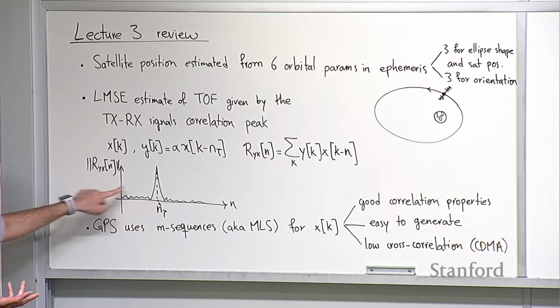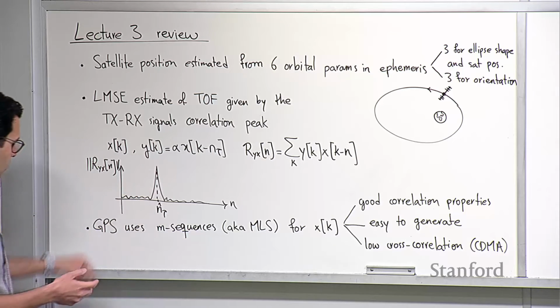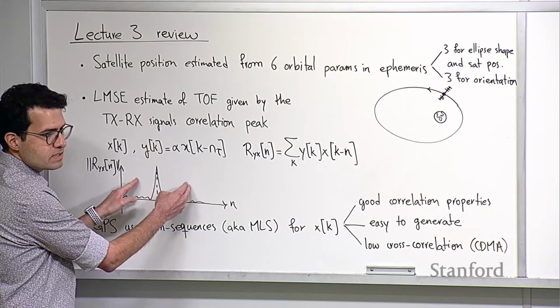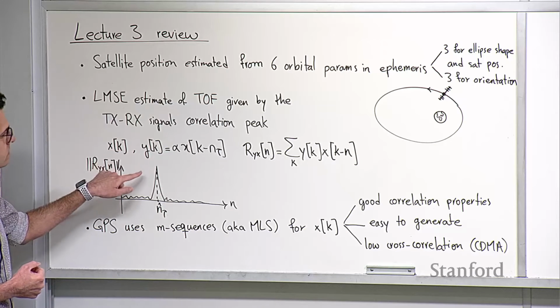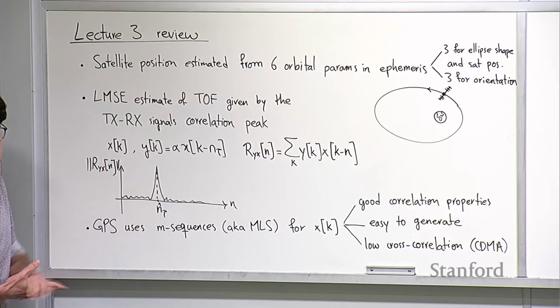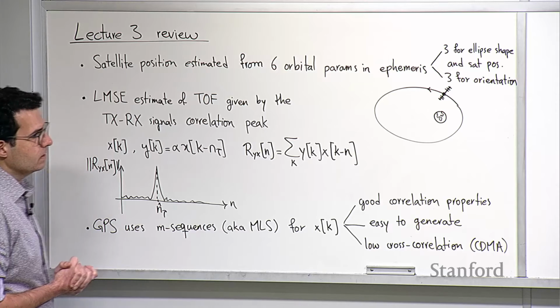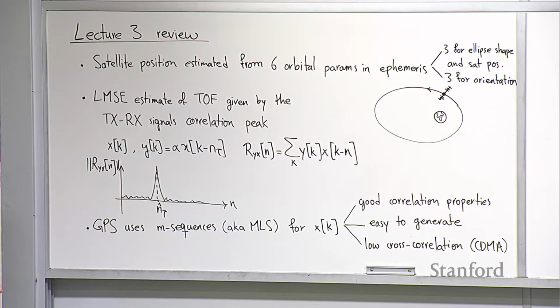And by good properties, we mean a nice sharp peak, so you don't want this peak to be too broad, because then finding the actual maximum point could be a little tricky in noisy situations. And also, you want the side lobes to be very low. Okay? And then it turns out that there are many different codes, as we call them, that have good properties.